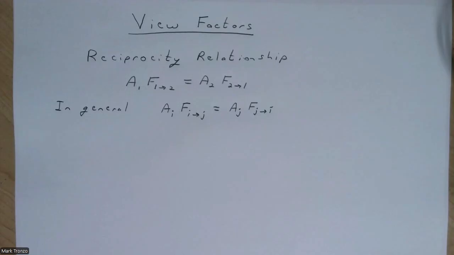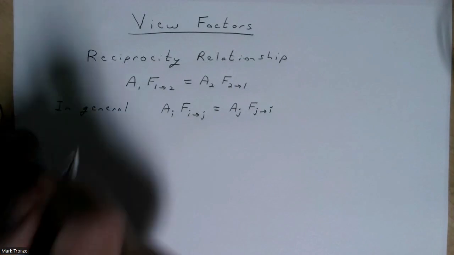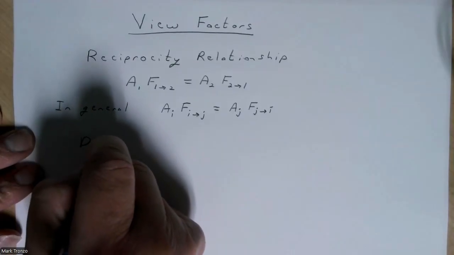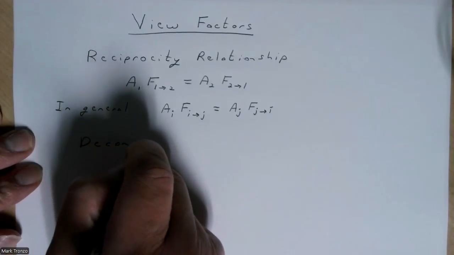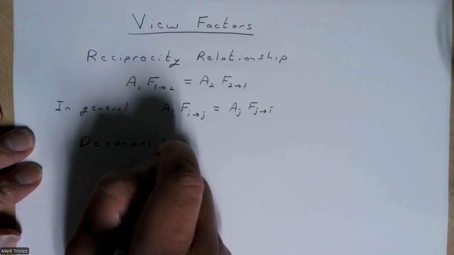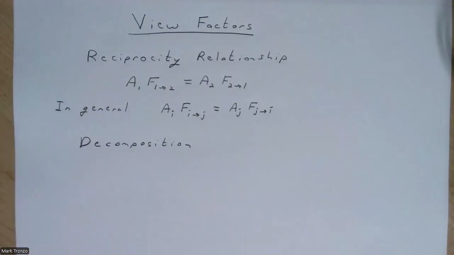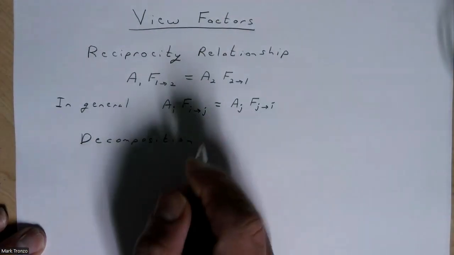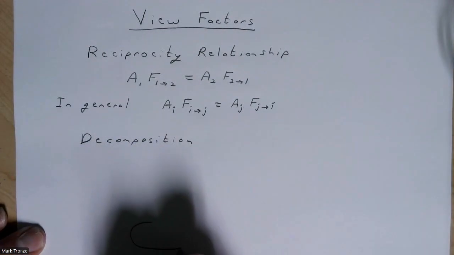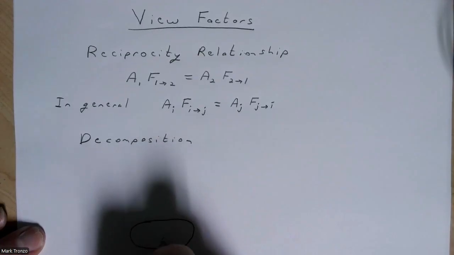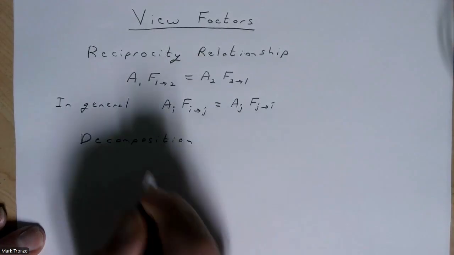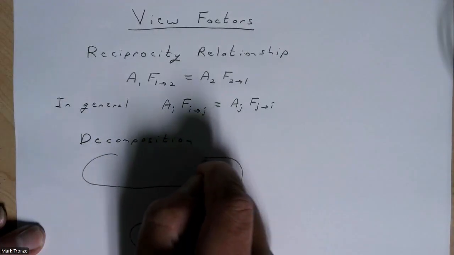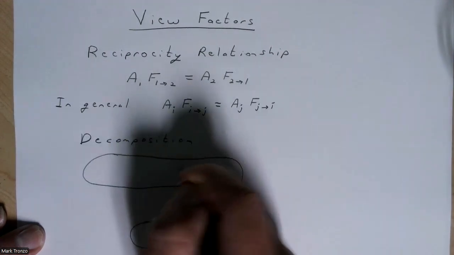Another important thing we want to talk about is decomposition. Suppose you have some surface down here, let's call it number 1, and some other surface out here, call this number 2.